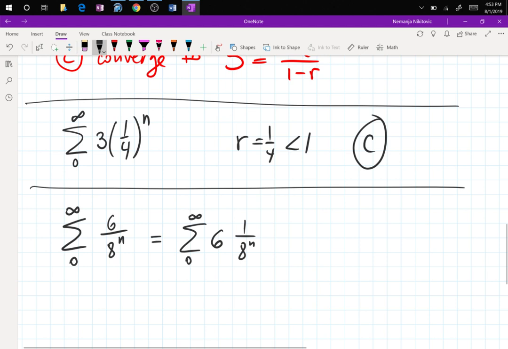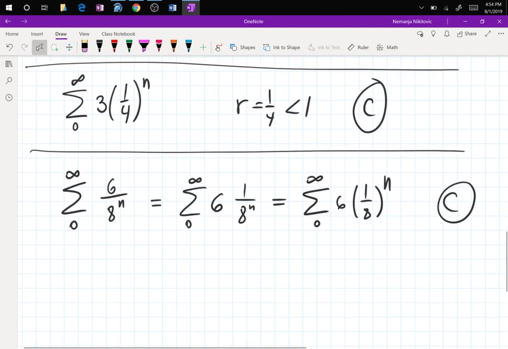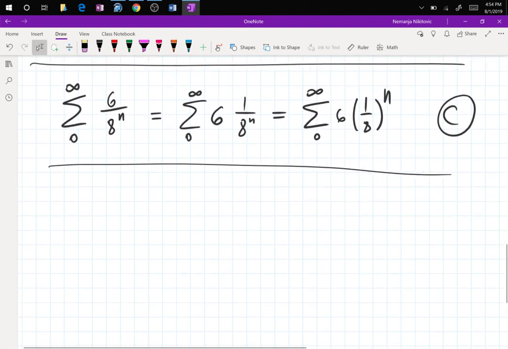I'm going to write out all the steps, but it's sufficient to look at the first one. Then 6 times (1/8)^n, and you see it's still in the same form, and it converges because r is 1/8. So maybe you have to massage it a little bit, and then get the form that you're looking for.